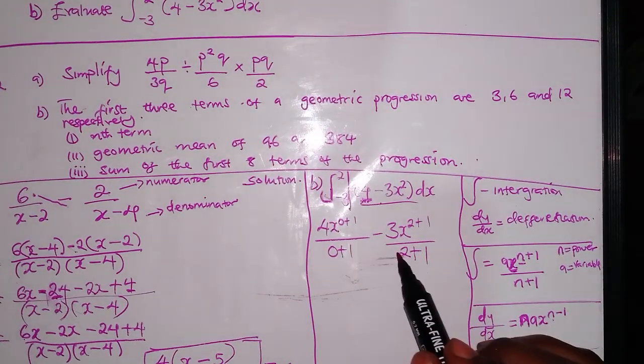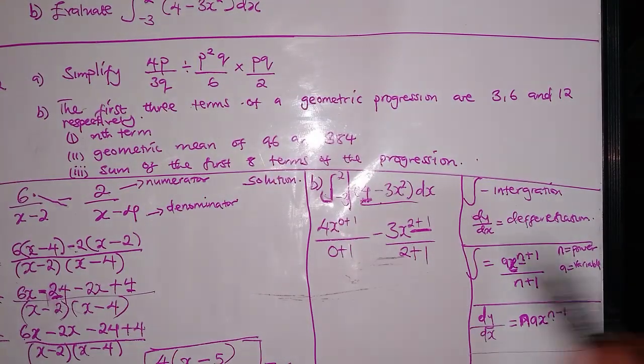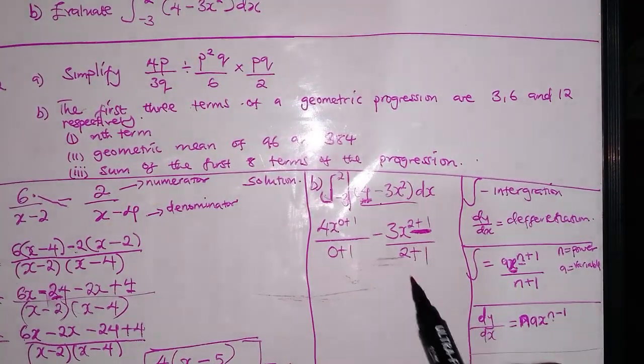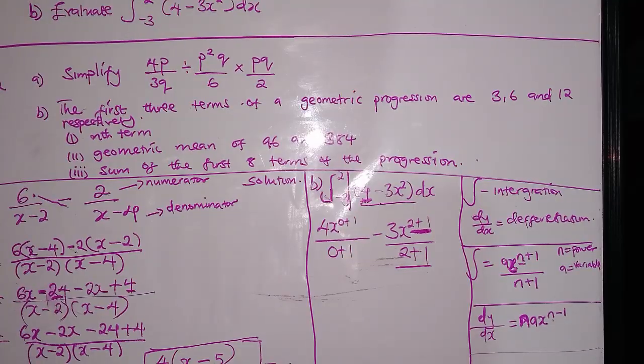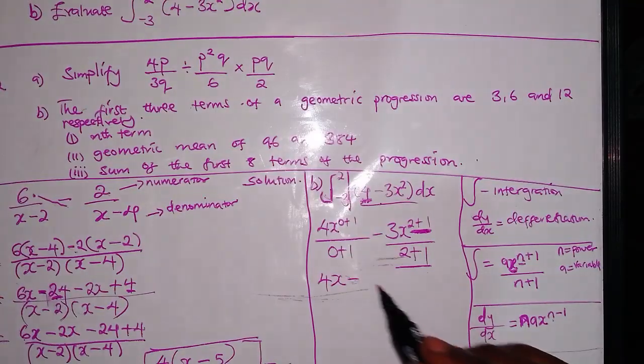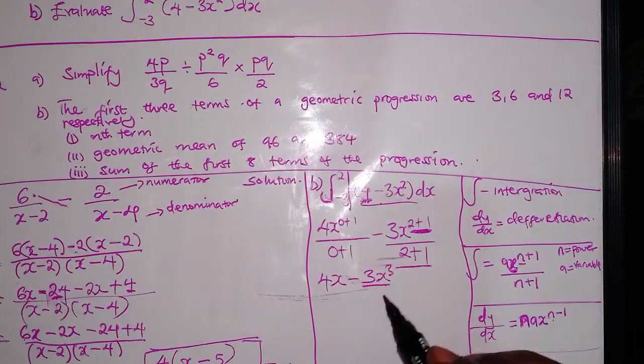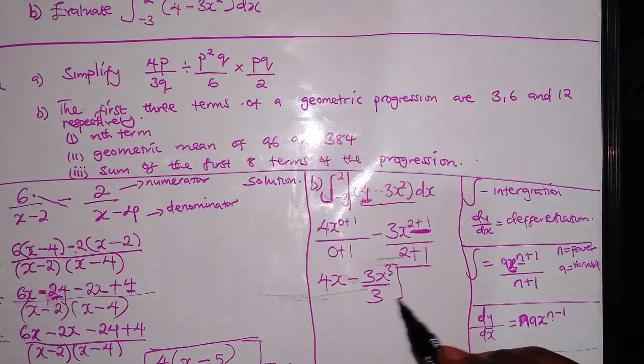Then here we say that you add 1 to the power, and the same thing you do to the power, you bring it down. So now here you have 4x minus 3x to the power 3 divided by 3.